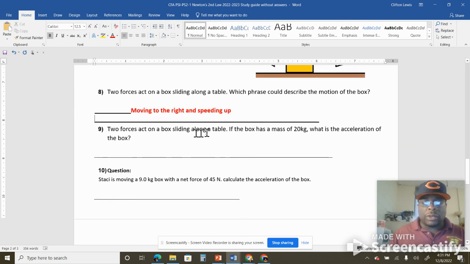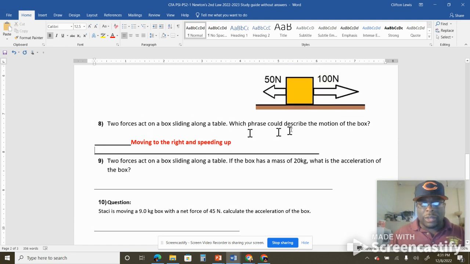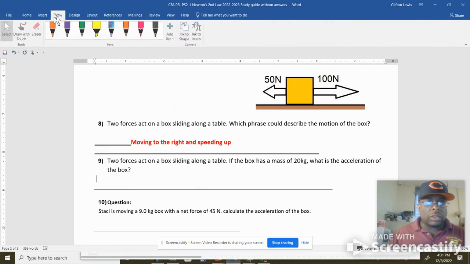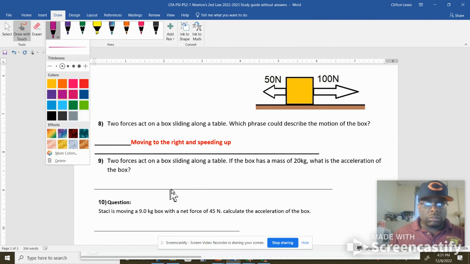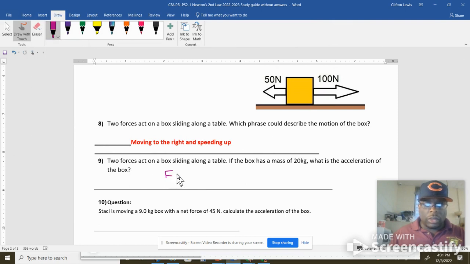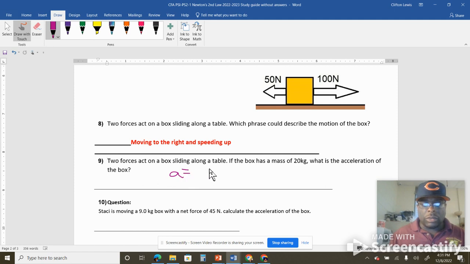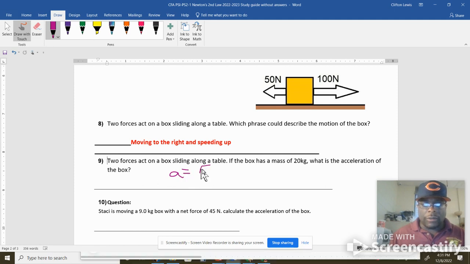All right, two forces act on the sliding box on the table. The box has a mass of 20 kilograms. What is the acceleration of the box? Still the same thing. Acceleration equals force divided by mass.